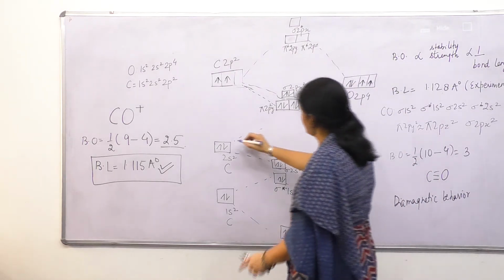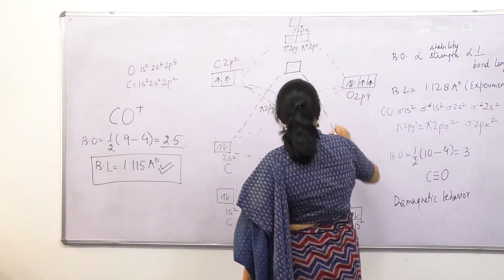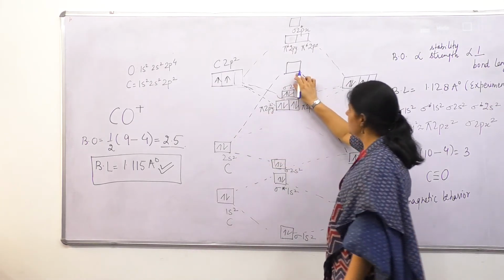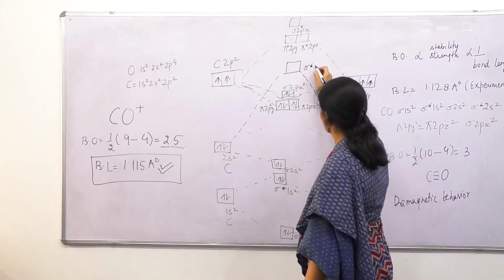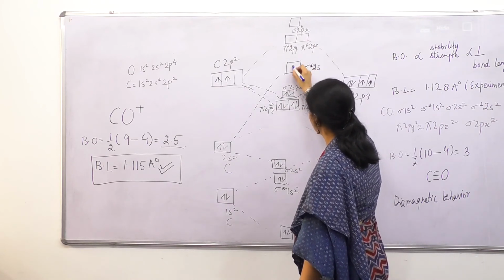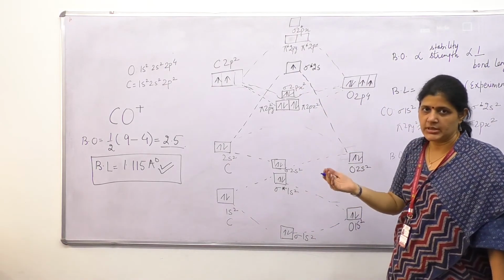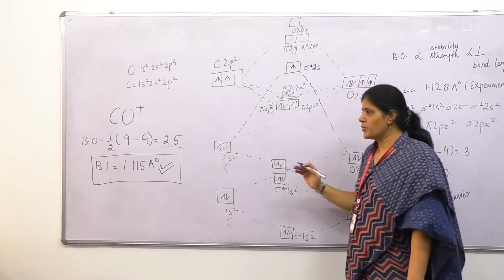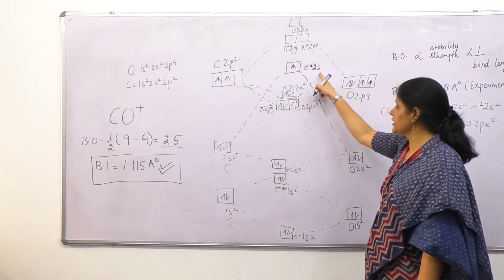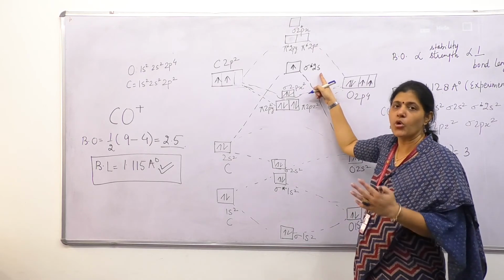Sigma anti-bonding 2s2 will become HOMO. Sigma anti-bonding 2s2 will become HOMO, and now the electron removed will be this one for formation of CO plus. When CO plus molecule is formed, sigma anti-bonding 2s rearranges its energy and it becomes HOMO.